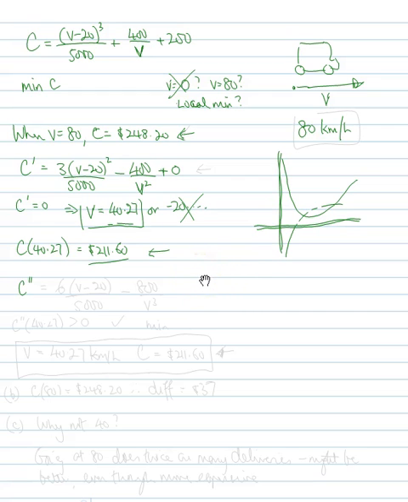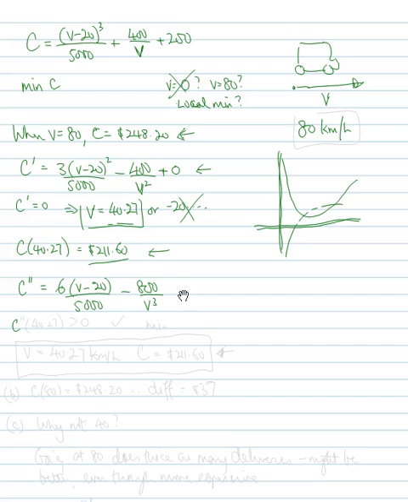Well, you double differentiate: the derivative of the derivative. So we can do this again in our head. It's 6 times (V minus 20) over 5,000, minus, since this is V to the minus 2, minus 2 times V to the minus 3.